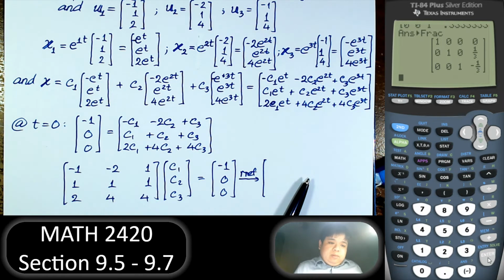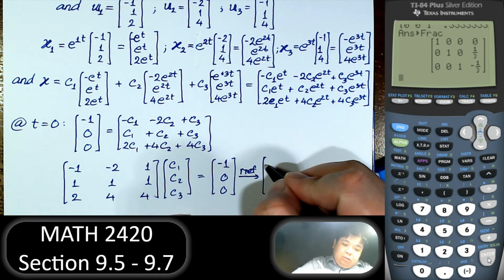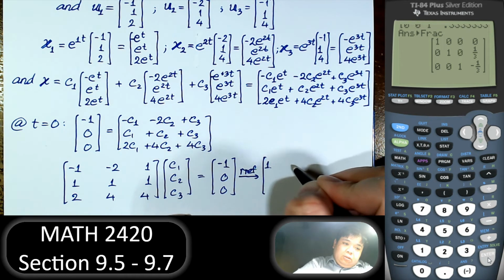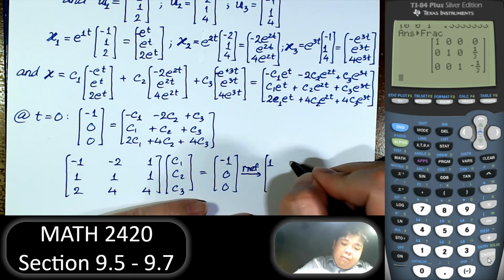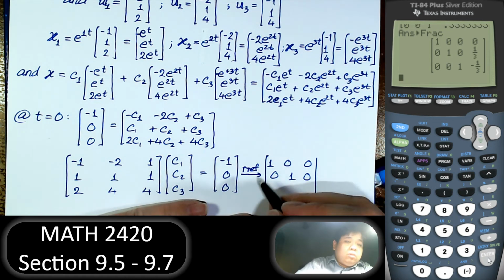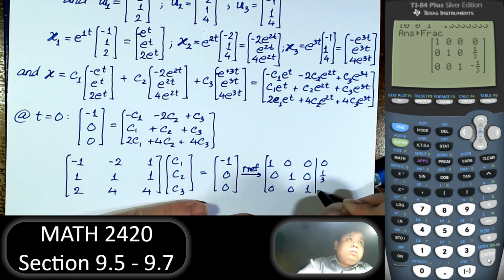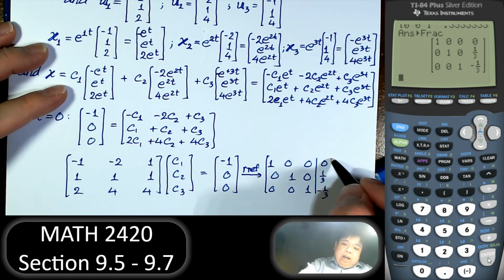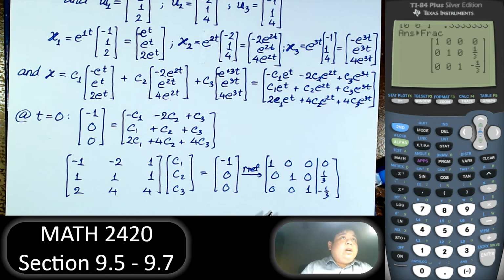And we have that. Right. So at the end, we know that C2 is equal to 1/3 and C3 is negative 1/3.